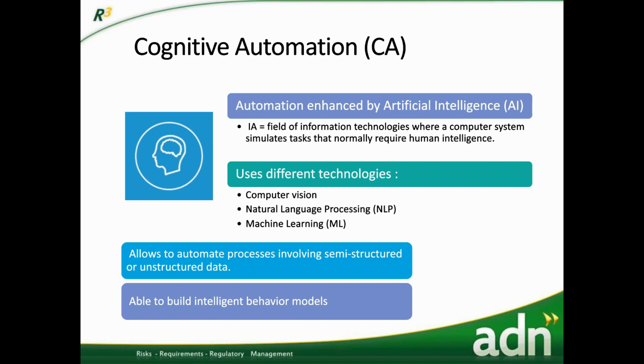It also includes some fuzzy logic that enriches the data understanding extracted by those tools, and it helps to add new skills to the RPA bots by allowing them to automate processes involving those previously unreachable semi-structured and unstructured data, and to help build some intelligent behavior models.